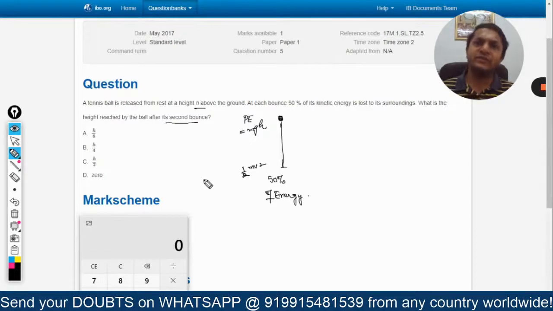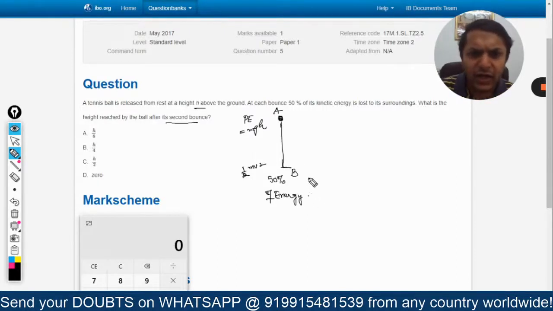So it means that 50% of the total energy is lost, because as it moves from position A to position B, all of the potential energy is converted into kinetic energy first of all. So 50% of the kinetic energy means 50% of the total energy the body was having has been lost. Now only 50% remains.